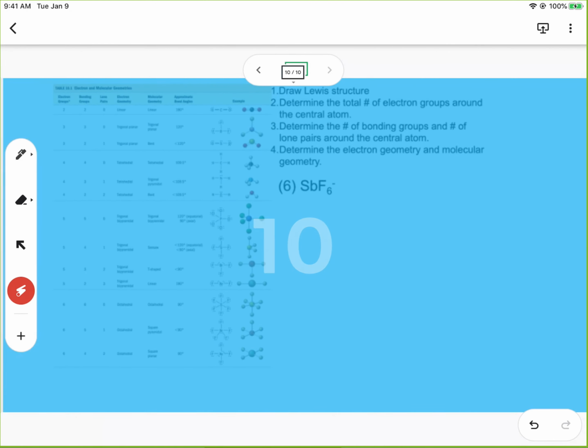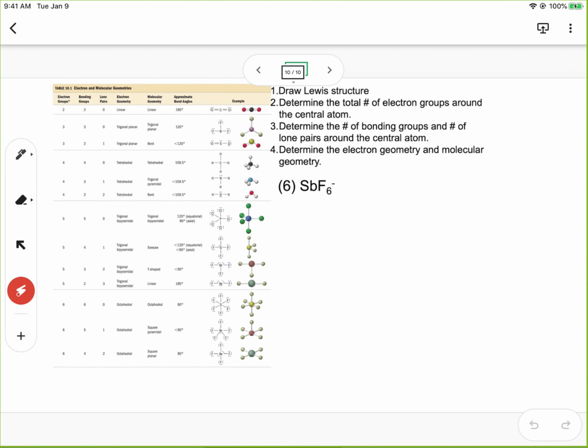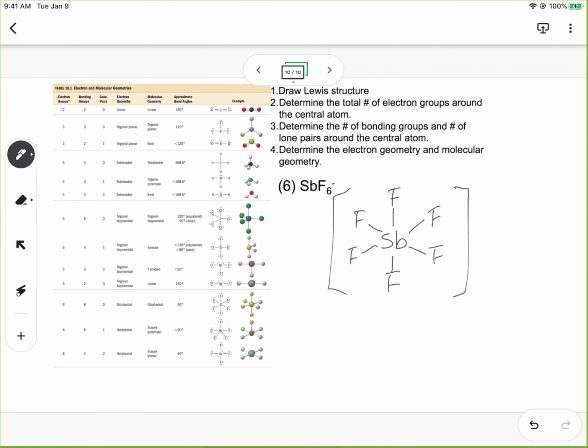Now the last one in this video is going to be SbF6 minus. This is an ion again. The Lewis structure is going to be antimony in the center, and 6 fluorines as surrounding atoms. So this is the Lewis structure of this ion. Now, how do we get the geometries?